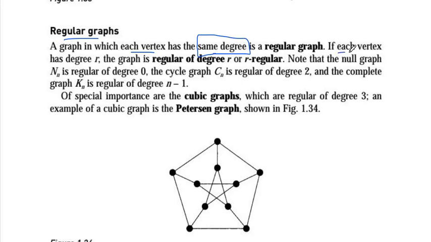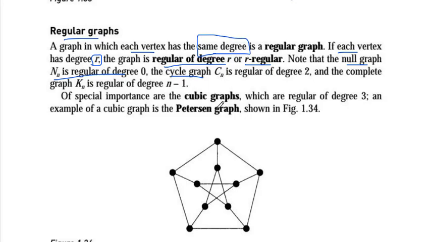Let's say if each vertex has degree r, then the graph is regular of degree r, or you can say r-regular. The null graph is also regular of degree 0. Why? Because each vertex has degree 0, no edges. So the null graph is also a regular graph.